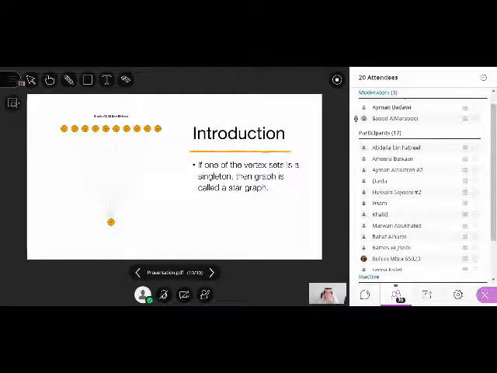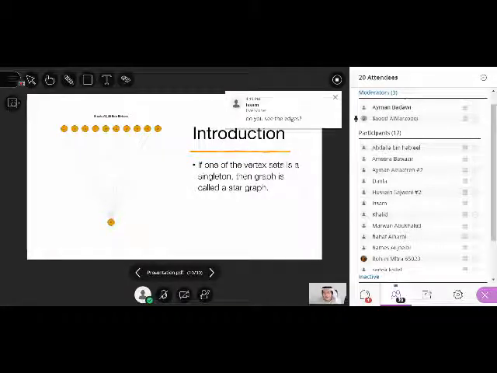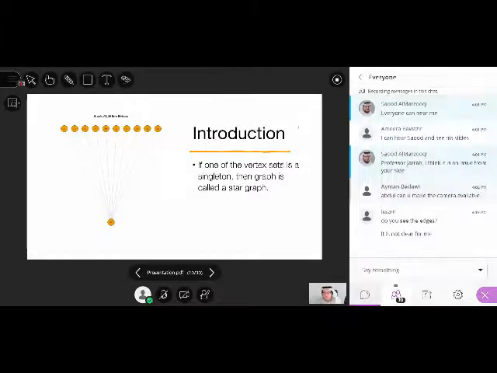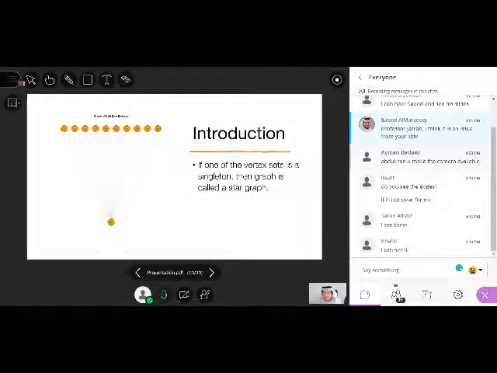Now, if we have a complete bipartite, but set A, oh, does everyone see the edges? Yes.